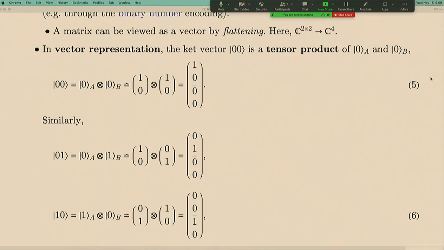So the way to represent this combined state as a vector is to first take the product of these two state vectors as a matrix, and then flatten the matrix into a vector. By doing these two operations, first product into a matrix and then flatten into a vector, this combined operation is called the tensor product.